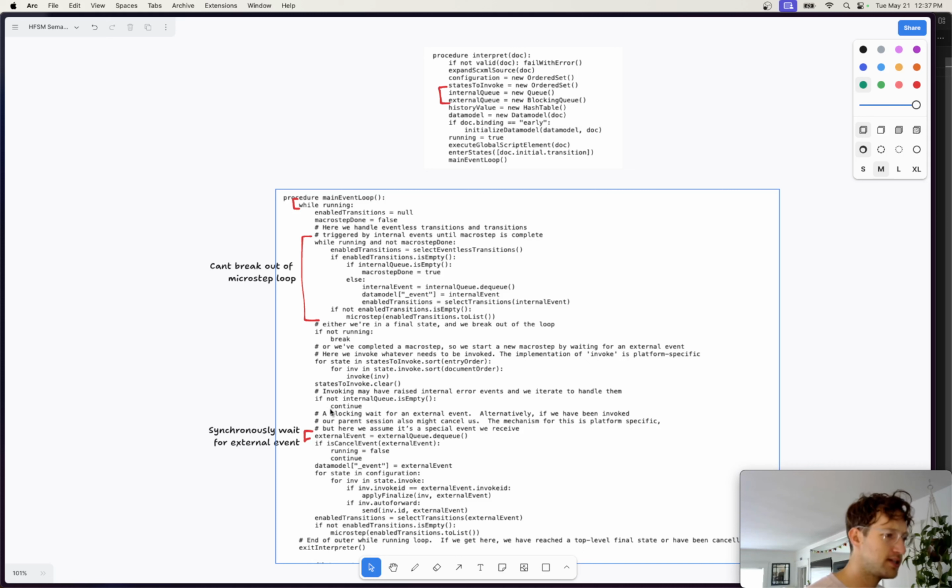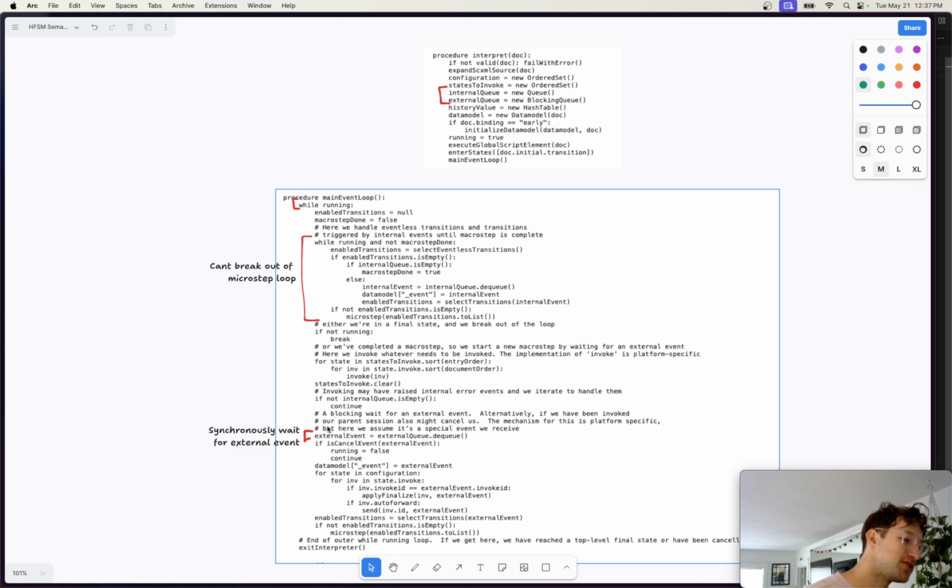One thing to notice here is that the queue is a blocking queue. So if there is no external event, this dequeue method is going to block until the Statechart gets an external event, which in general I would argue is not the most portable across different programming languages.